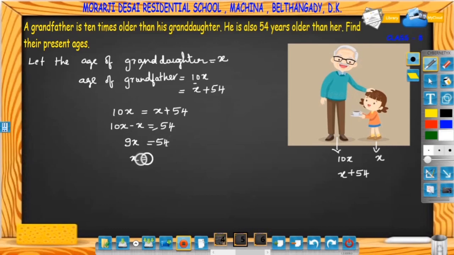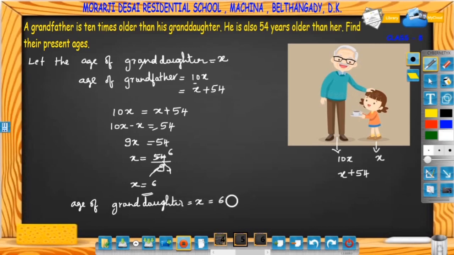x is equal to 54 by 9. That is, 9 ones are 9, 9 sixes are 54. So x is equal to 6. Therefore, the age of granddaughter is 6 years. Age of granddaughter is equal to x we have taken, that is 6 years.